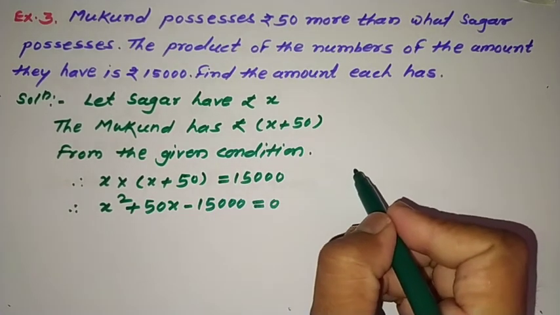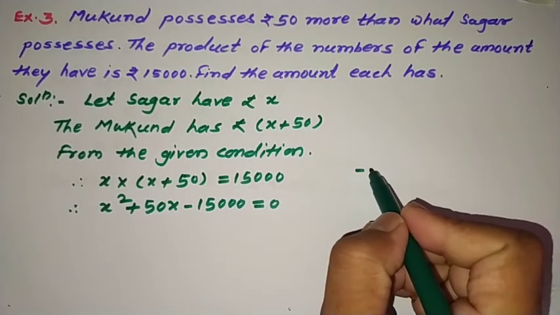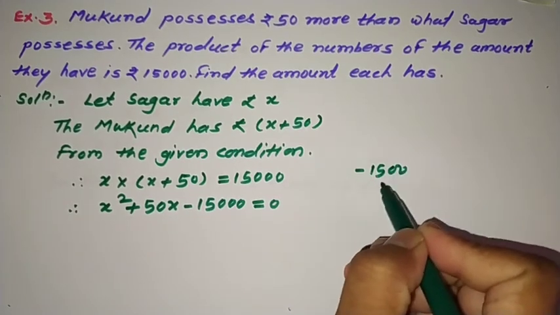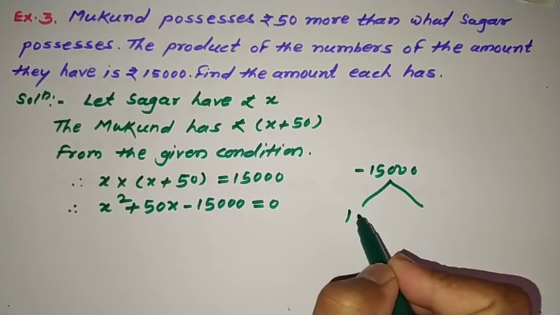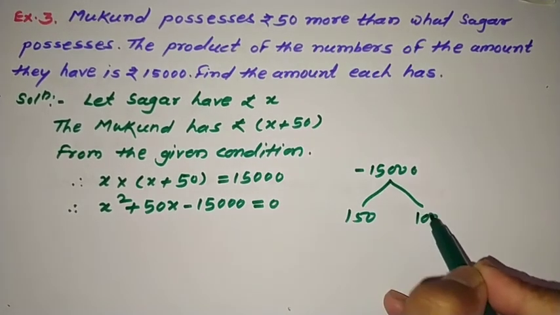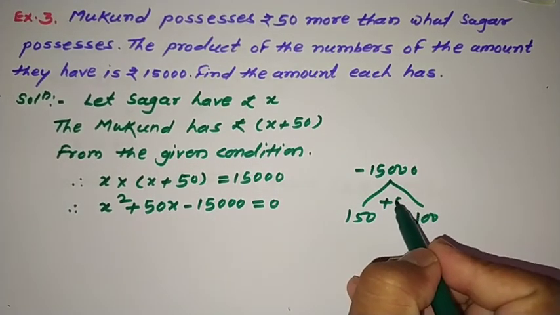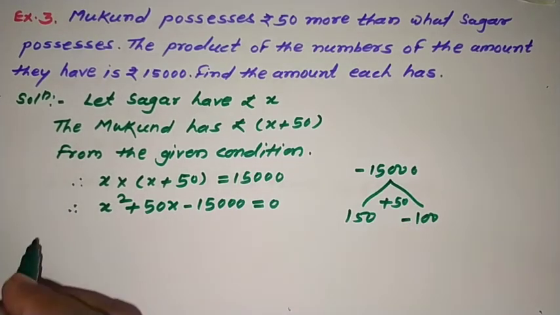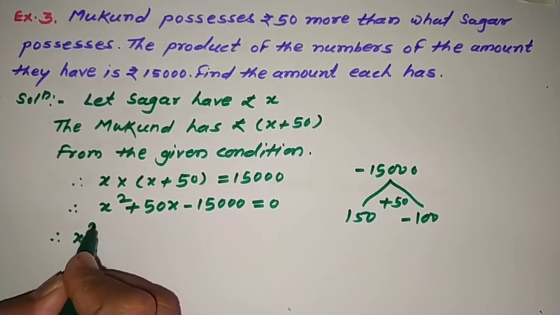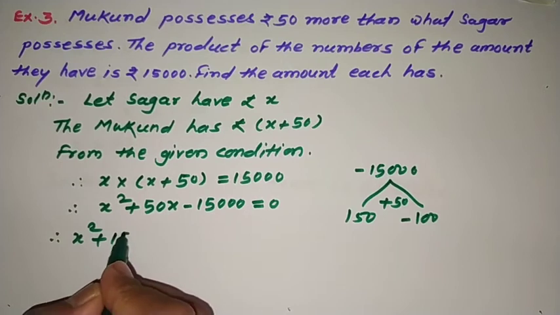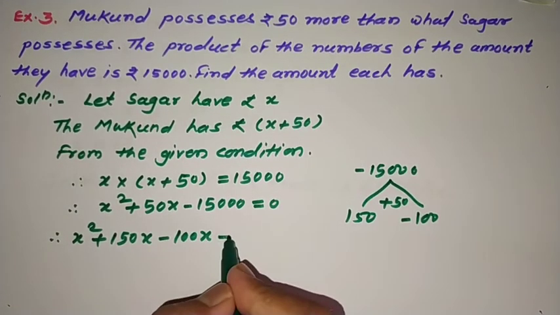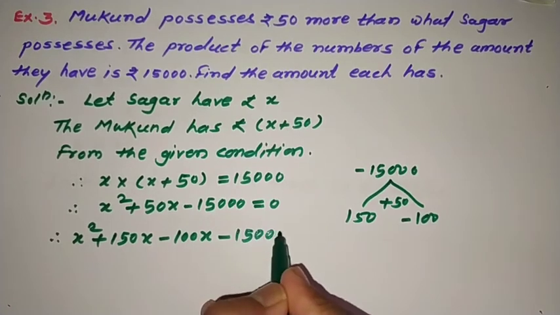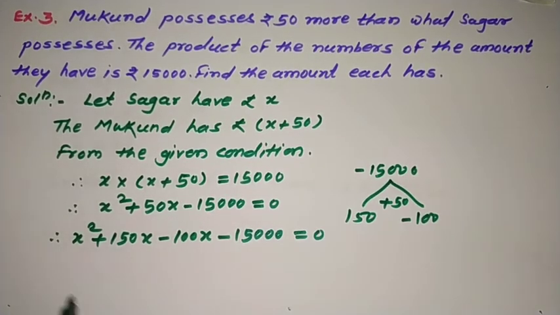Here we solve this quadratic equation by the factorization method. The factors of 15,000 are 150 and 100, whose difference is 50, with 100 being minus. Therefore x square plus 150x minus 100x minus 15,000 is equal to 0.